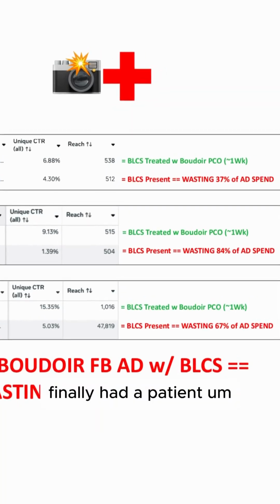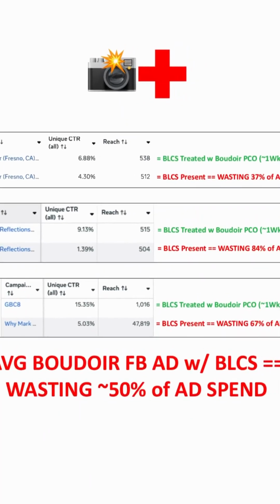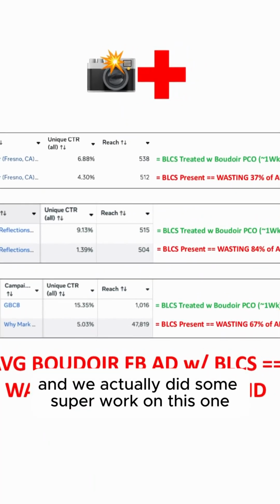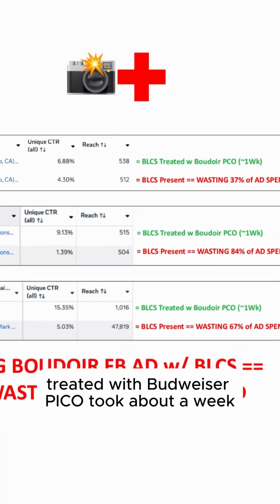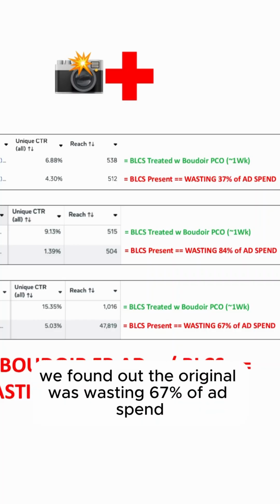Finally had a patient, his unique CTR on his ad 5.03%, and I actually did some super work on this one. Treated it with Boudoir Pico, took about a week, got the unique CTR up to 15.35%. So found out the original was wasting 67% of ad spend.